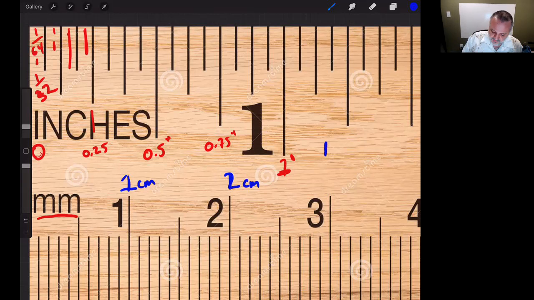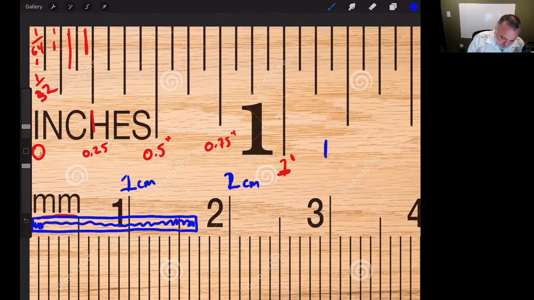device though? So let's put a fake piece of material. So I'll draw in my fake piece of material and I want to measure its length.